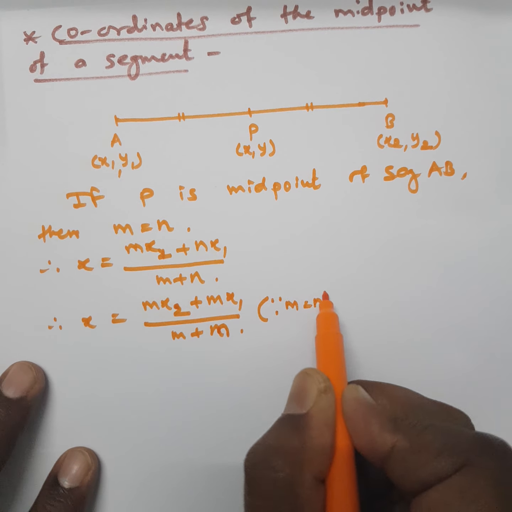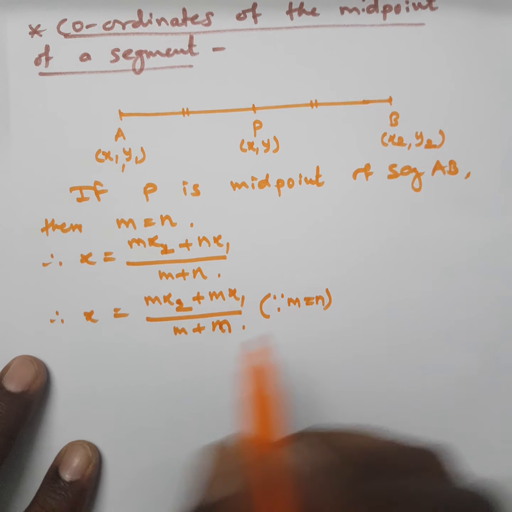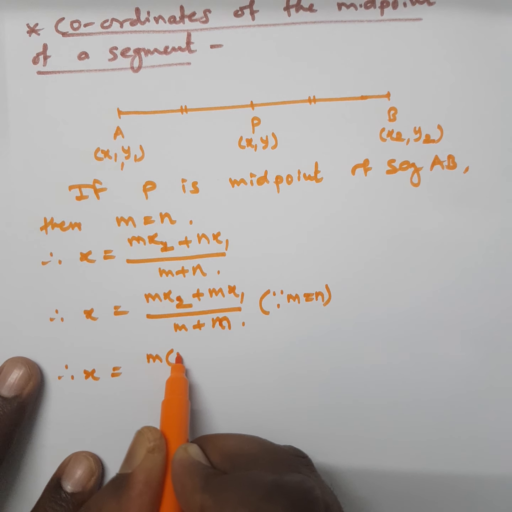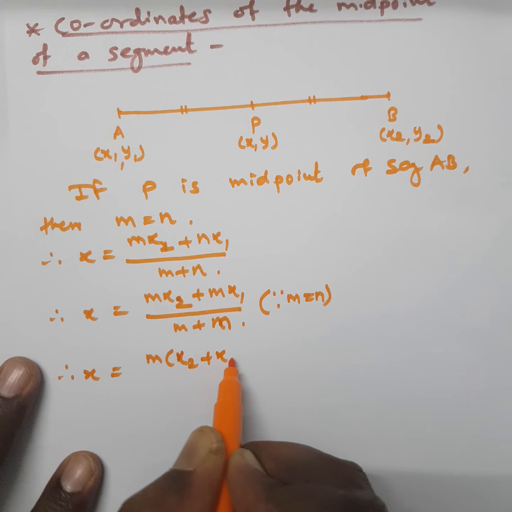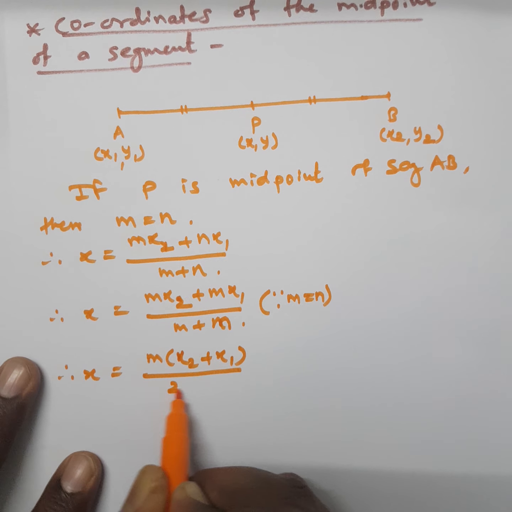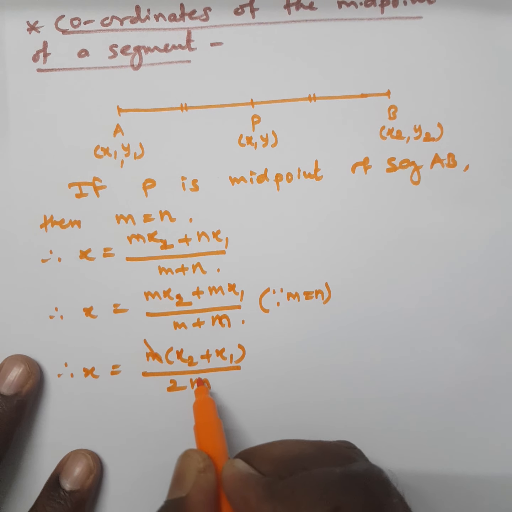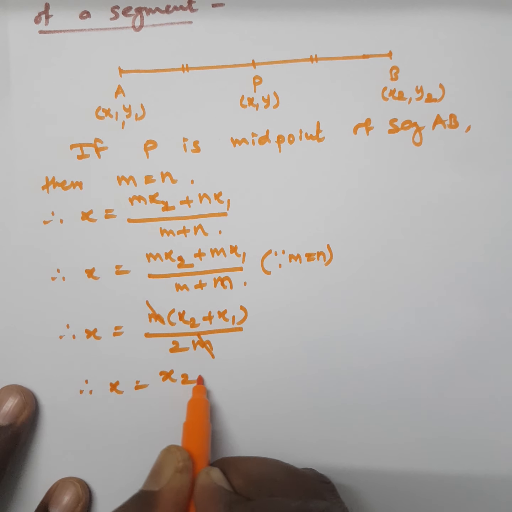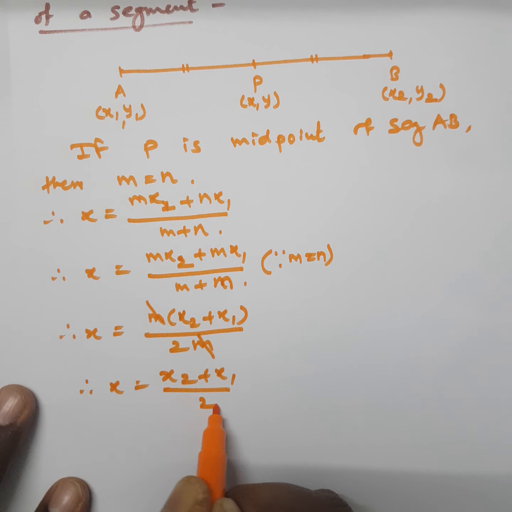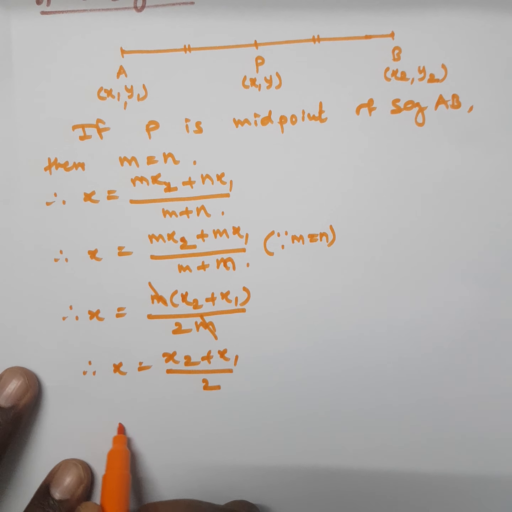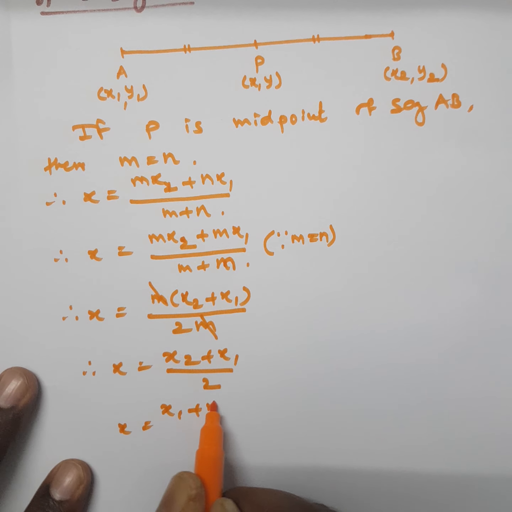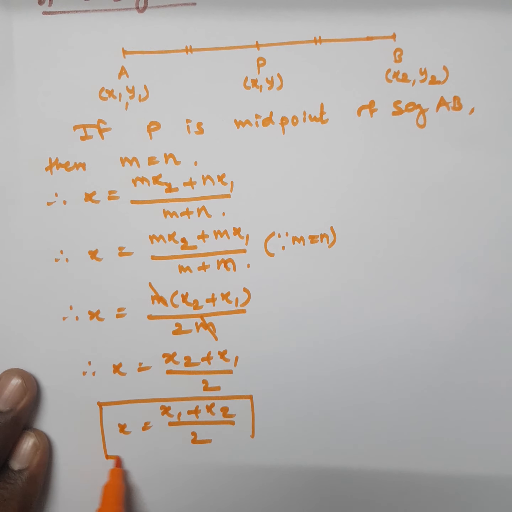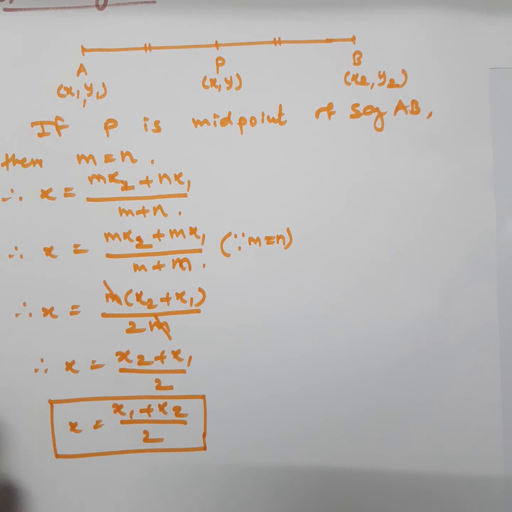M is equal to n. Therefore, x is equal to, if we take m as common, m(x2 + x1) upon 2m, then m and this m will be cancelled, and x is equal to (x2 + x1) upon 2, or x is equal to (x1 + x2) upon 2. It will be the midpoint formula for the x coordinate.